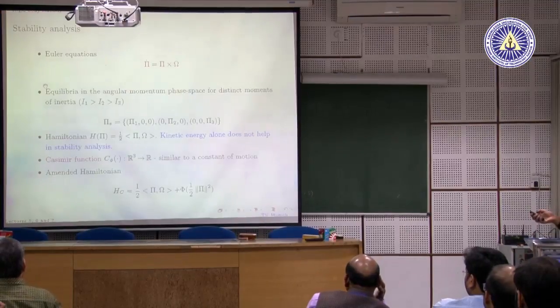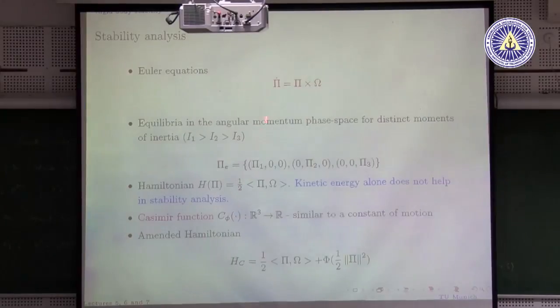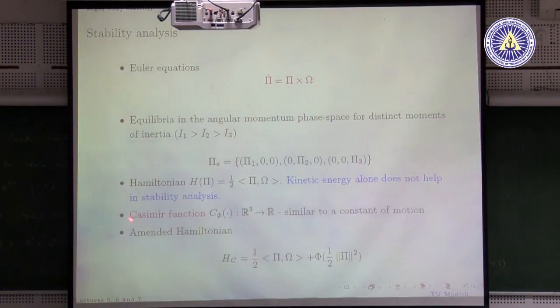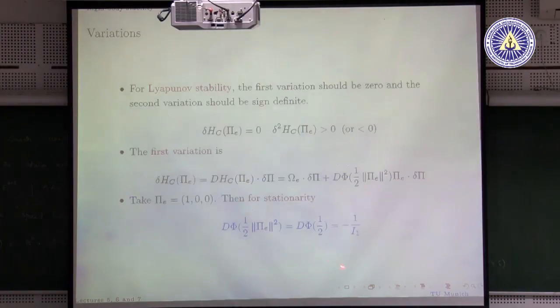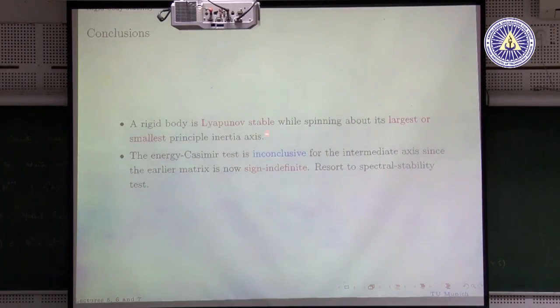So I have given you an explanation of how you can get the stability results which we left incomplete for the two stable cases, using something called a Casimir. With the little bit about Lyapunov functions that we taught you, maybe you can try to understand these three slides, and this is the conclusion.